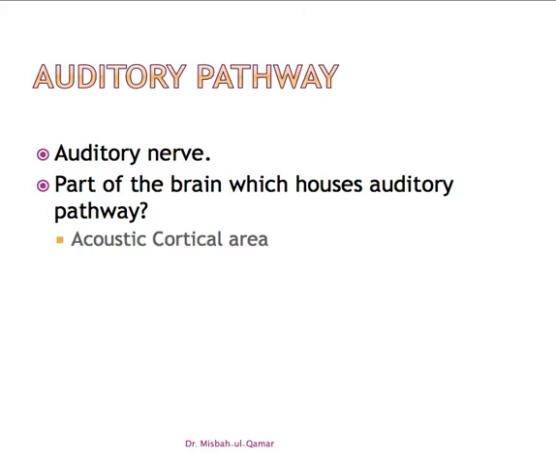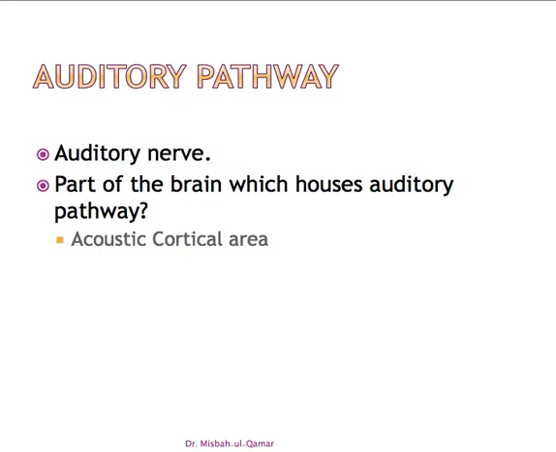Right. So the fibers of auditory pathway pass through the cochlear division of vestibulocochlear nerve, which is your eighth cranial nerve. This division is also called auditory nerve.